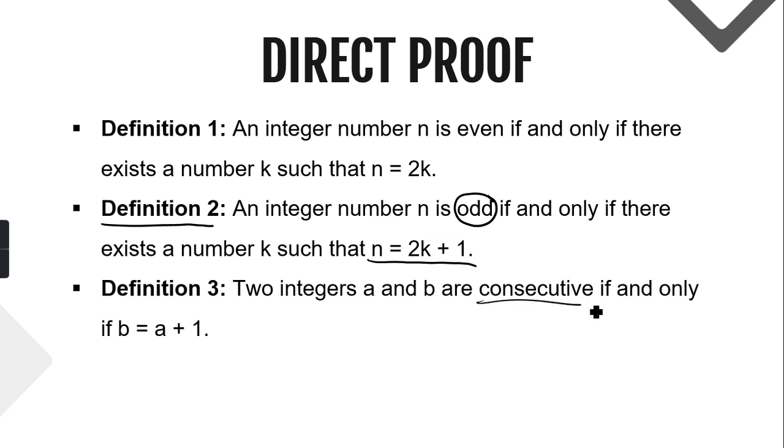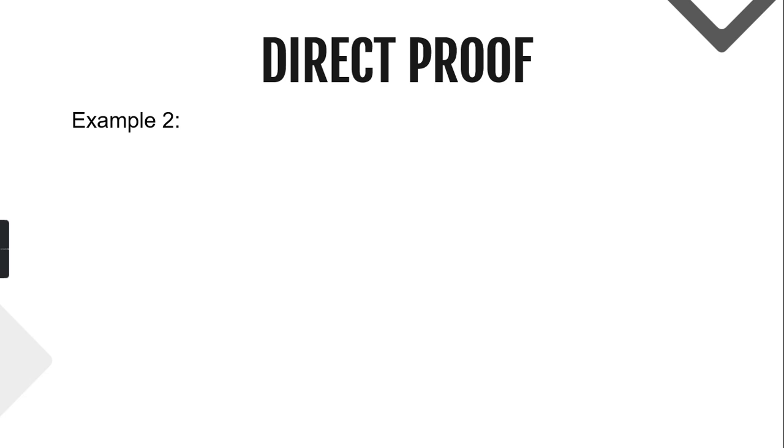Dahil meron tayong consecutive numbers and odd numbers. So, tatandaan natin, no? Kapag odd, 2k plus 1, and then kapag consecutive, b is equal to a plus 1. Okay? So, let us prove example number 2.